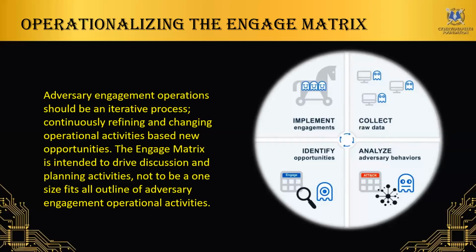Yesterday we talked about this cycle, because the Engage matrix cycle can start from anywhere. Whether you have implemented a control, that will give you some raw feeds to collect, and then based on analysis you will identify something and put in the next level of deception techniques.